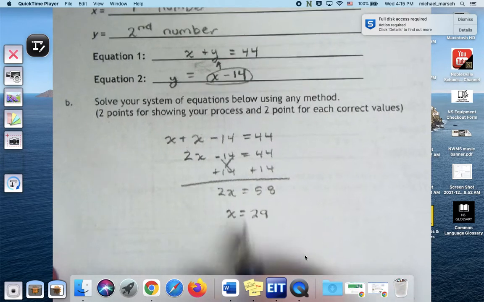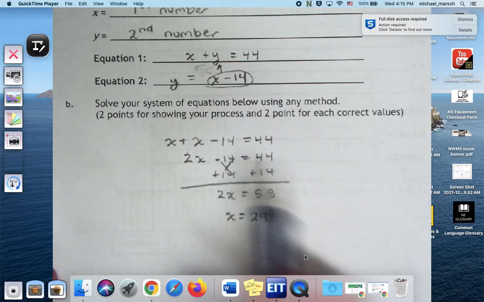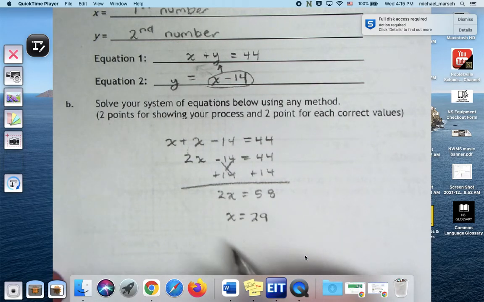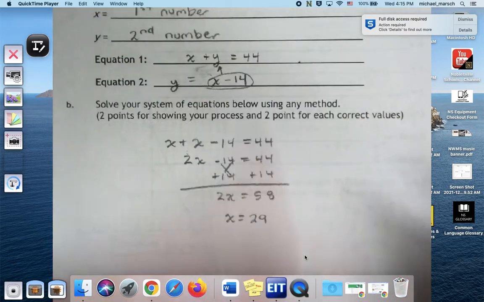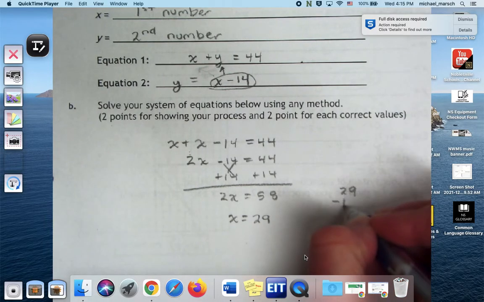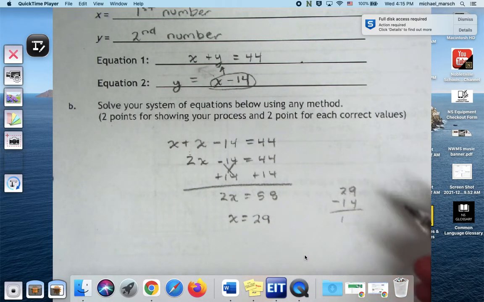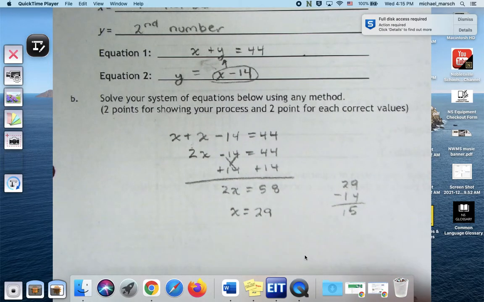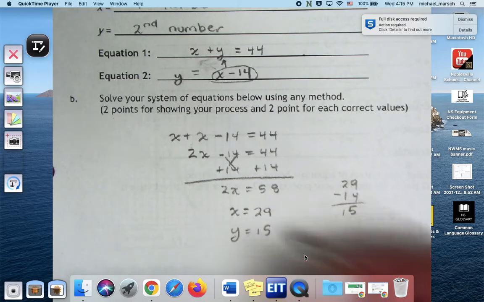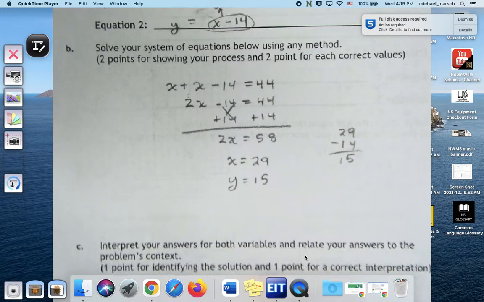So that's the first number, x. And y is 14 less than that. So what is 14 less than 29? It's 15. So then interpret your answer.